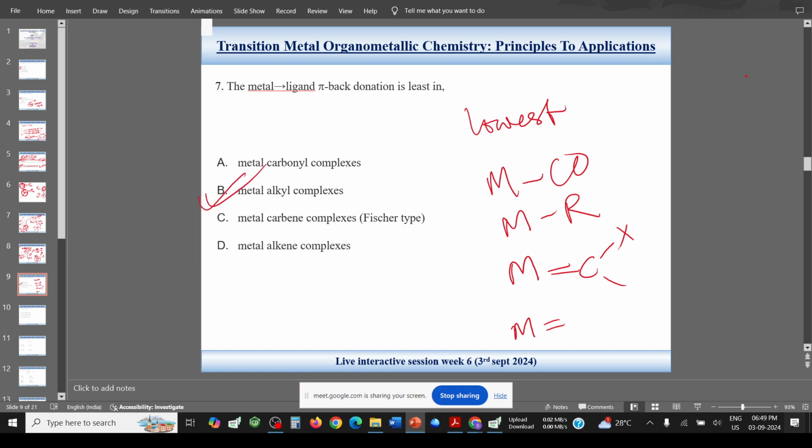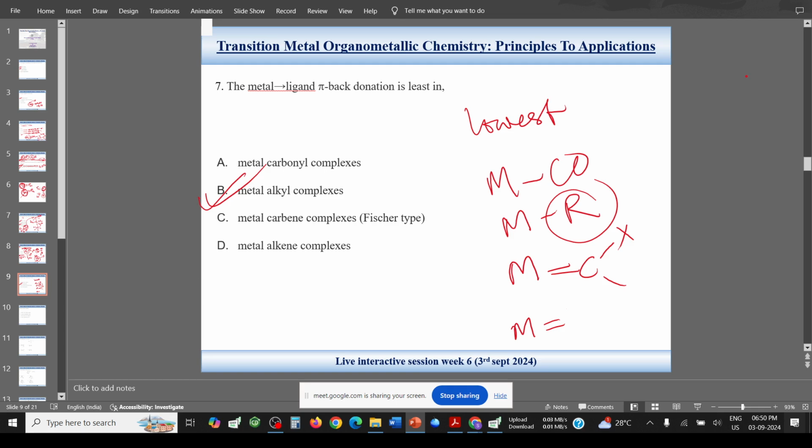metal alkyl complexes, because metal alkyl complexes, you can see, consist of only the sigma bond. There is no pi star available on this alkyl moiety to accept the electron donated from the metal. It may exist, but it is too high in energy.